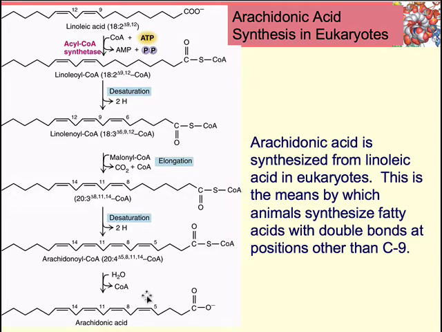Hydrolysis of the CoA ester produces the final product, arachidonic acid. And this sequence of reactions explains why the double bonds in arachidonic acid are at the 5, 8, 11, and 14 positions, whereas all of the other typical fatty acids with unsaturations have double bonds at the 9, or the 9, 12, or the 9, 12, and 15 positions. Arachidonic acid is different.